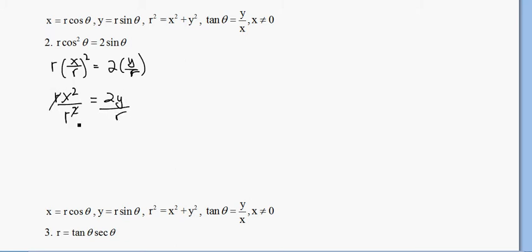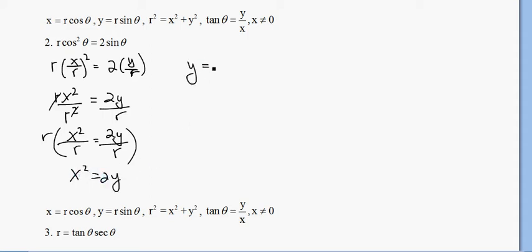And notice that one of these r's cancels, so I get x squared over r is equal to 2y over r. And if I multiply both sides by r, all the r's cancel out, so I'm left with x squared equals 2y. And let's just write it as y equals 1/2 x squared, dividing both sides by 2. And so notice that this is a parabola in polar form, and this is a parabola in rectangular form.